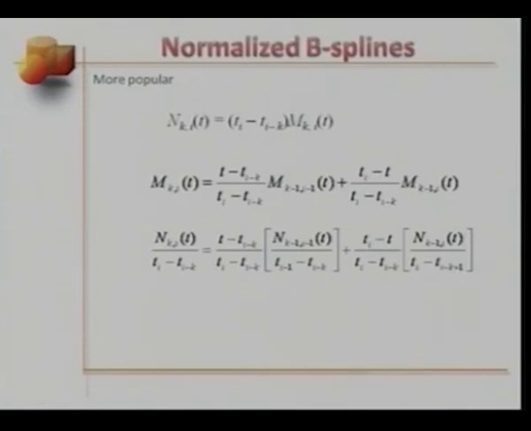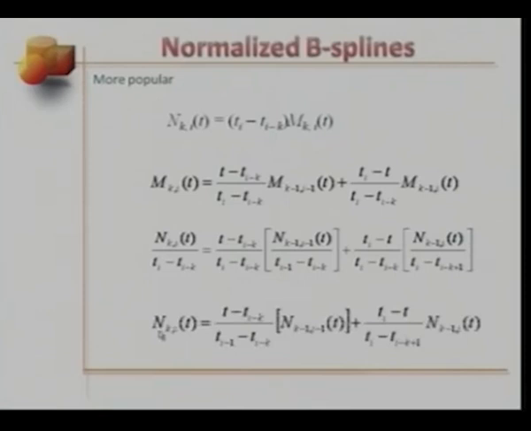We can rearrange this relation as n k i of t equals t minus t i minus k over t i minus 1 minus t i minus k times n k minus 1 i minus 1 of t plus t i minus t over t i minus t i minus k plus 1 times n k minus 1 i of t.